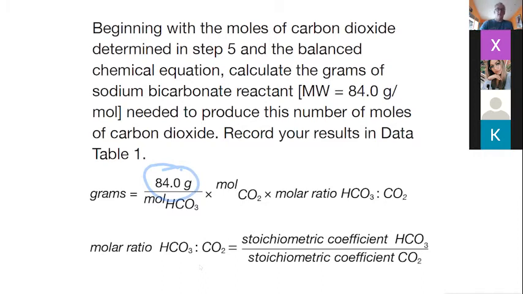So we're going to need 0.0494 moles of bicarbonate. We know our molar ratio is 1-to-1, so we don't have to worry. So moles cancel out, we're left with grams.